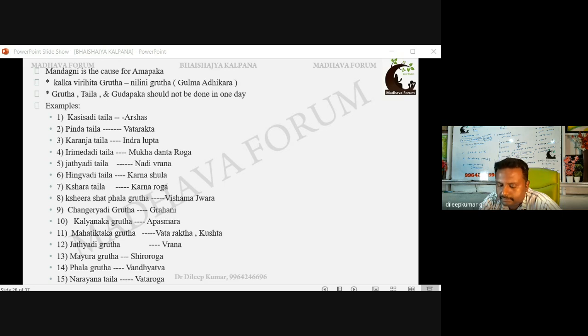Then Dashamula is there, Pippali, Gajapippali, Kapikachu, Shankhapushpi. 100 Haritaki, you can find it out. So underline the 100 Haritaki present in Agastya Haritaki.